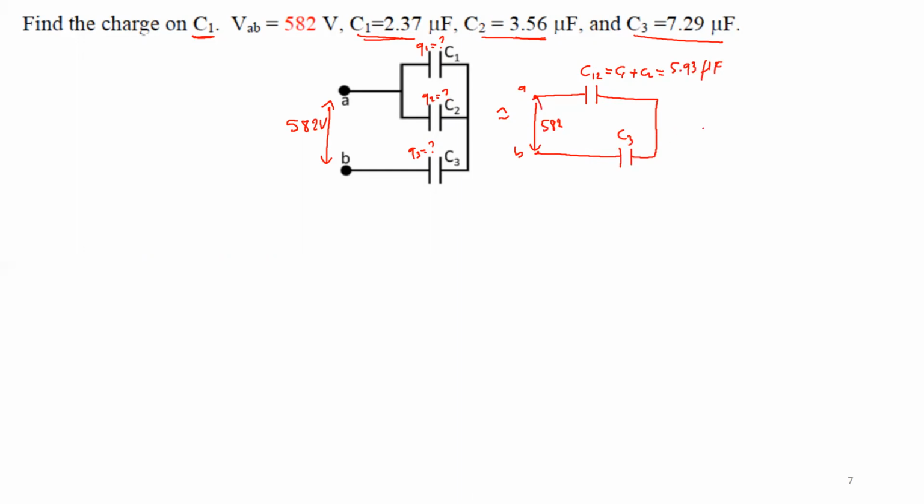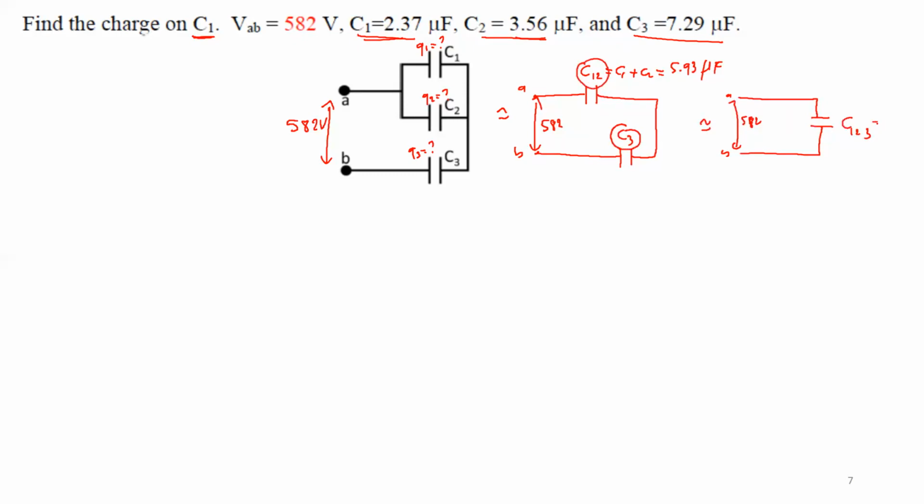Okay. And this now is equivalent to what? Same thing, AB, 582. Now here I have one single capacitance. Now this single capacitance now will be C123. Okay, this is the equivalent capacitance. Now what is C123? Well, C123 comes from the series combination between C12 and C3.